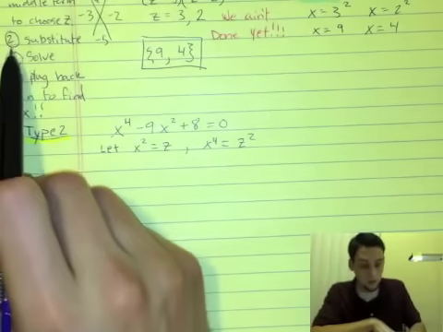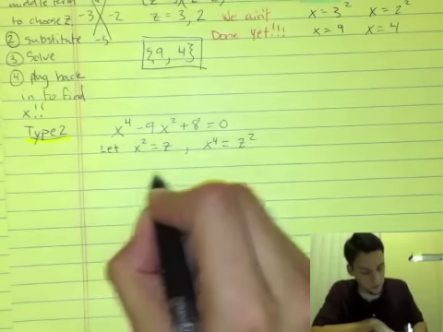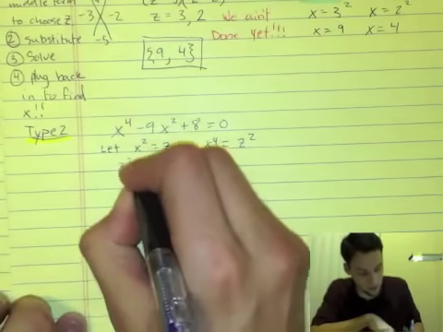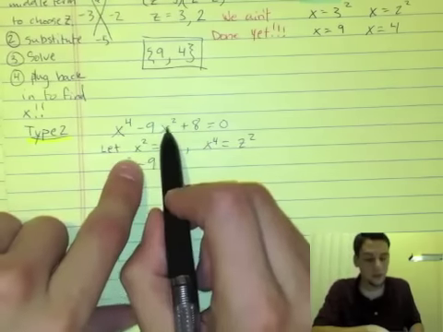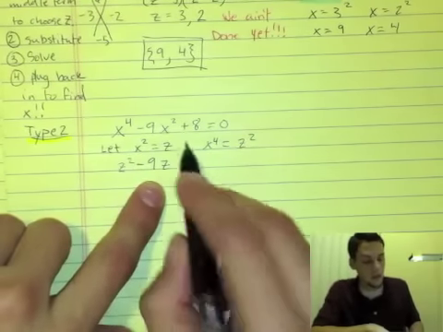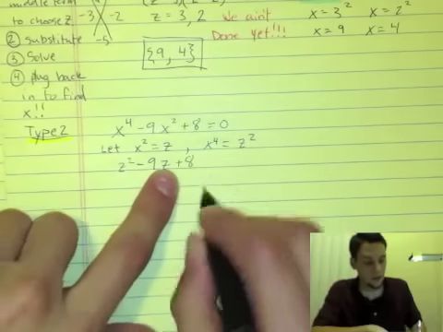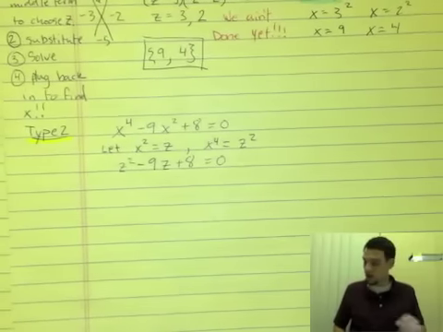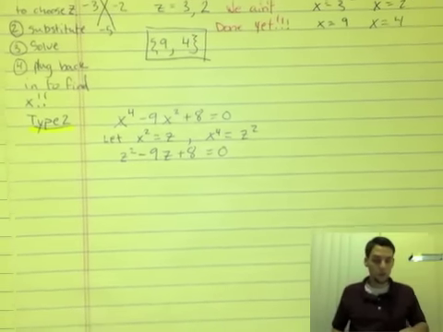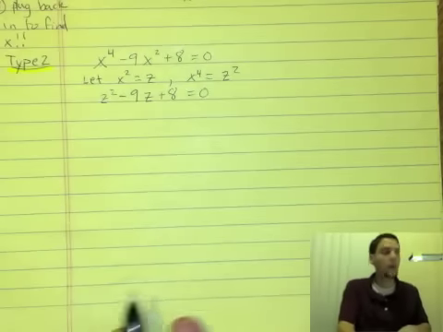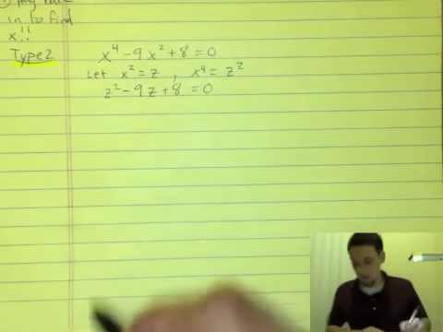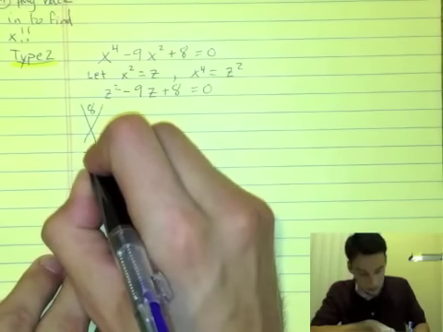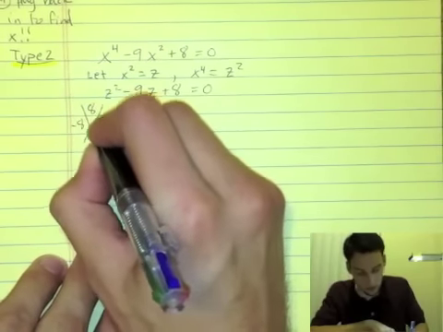Now we move on to step 2, substitute. So instead of an x to the 4th, I write z squared, and then minus 9, instead of x squared, I write z. And plus 8 stays the same because we didn't do anything, also equal to 0. So this is something that we can solve, either by factoring or by the quadratic formula. I'm going to factor it because it works. So 8 on top, negative 9 on bottom, negative 8, negative 1.